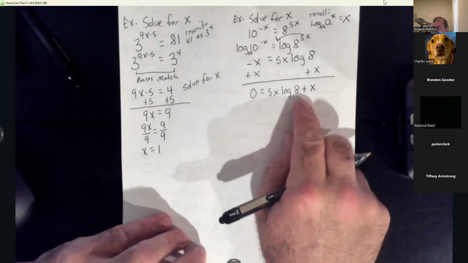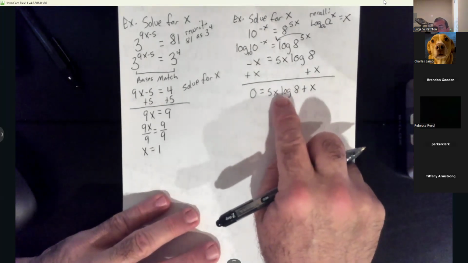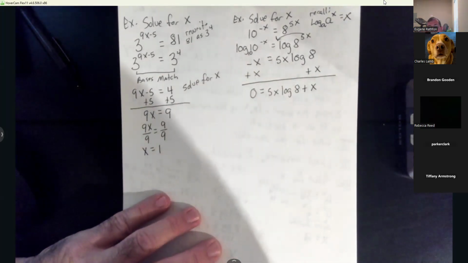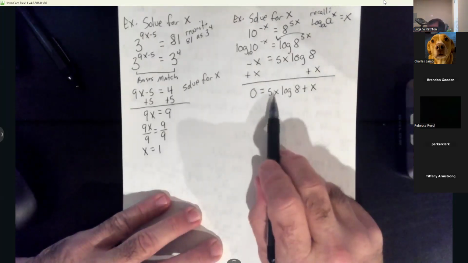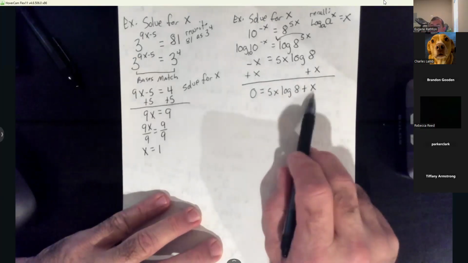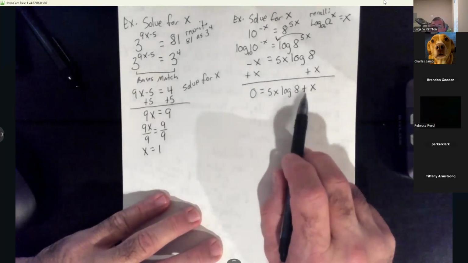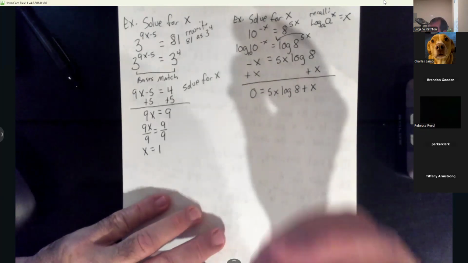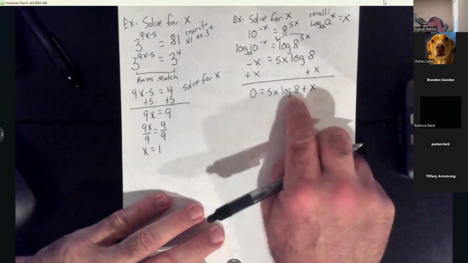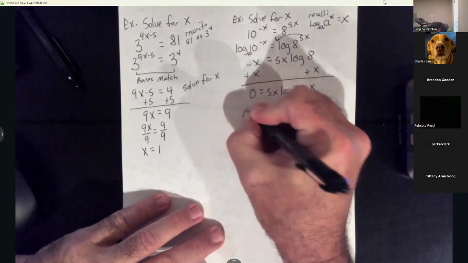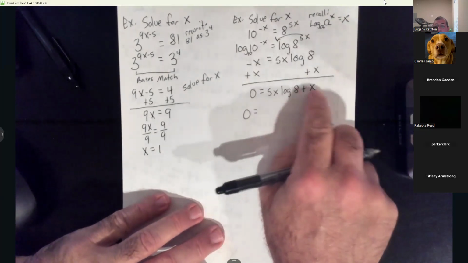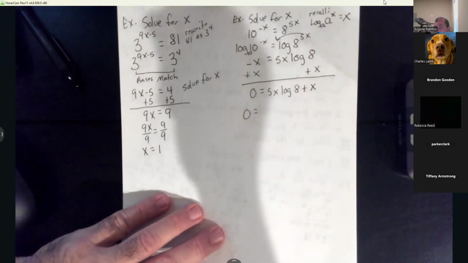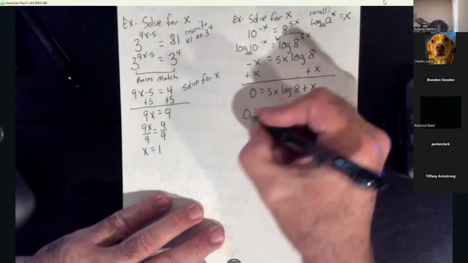All right, y'all, so this next part is sort of tricky, but here's what you would do anytime you got the variable in two different terms like this. Because I need to pull that x out somehow. So how I'm going to pull that x out is I'm going to pull the x out like a greatest common factor.